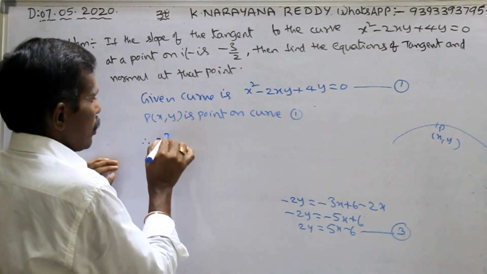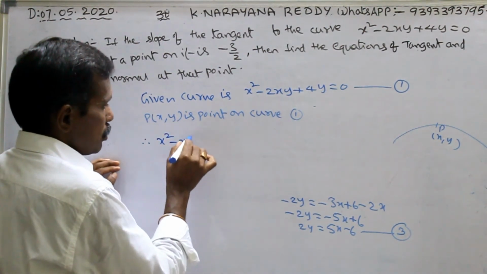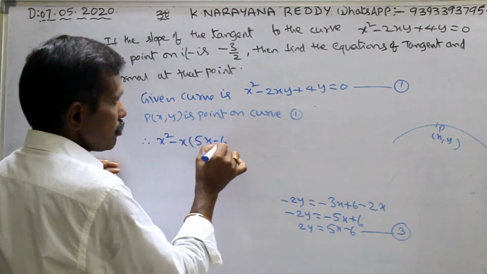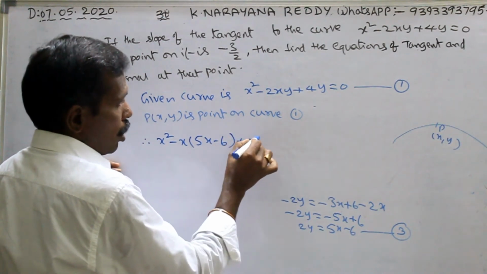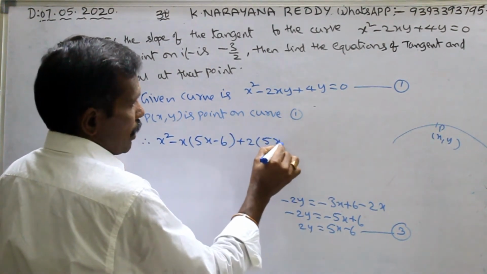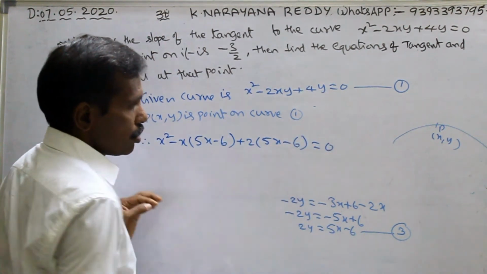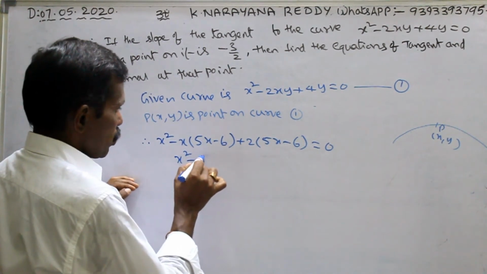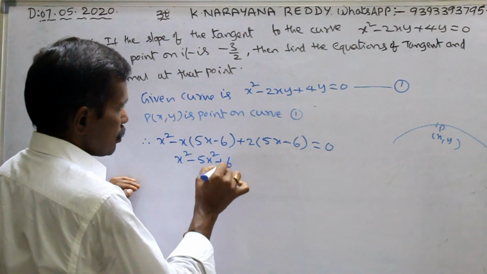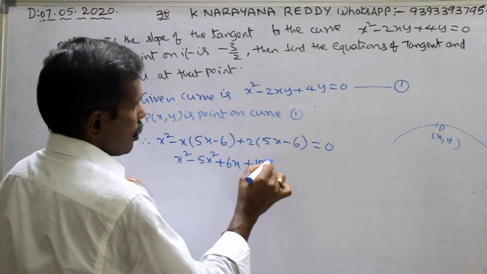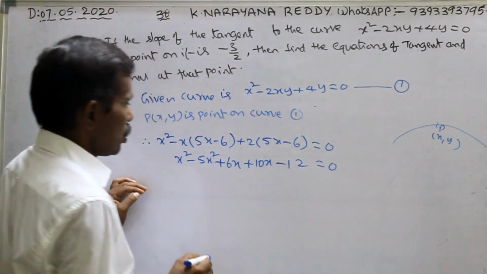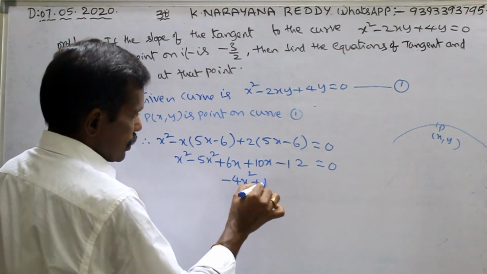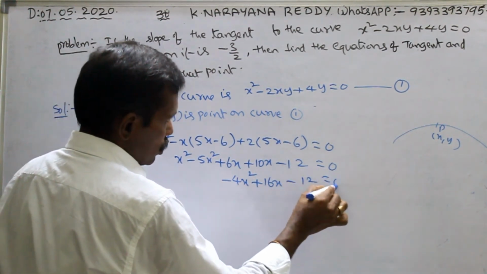Therefore, x squared minus x times 2y, in the place of 2y you can substitute 5x minus 6, plus 4y, 2 common, 2y means this one, 5x minus 6 equals 0. By this, x squared minus 5x squared plus 6x plus 10x minus 12 equals 0. Minus 4x squared plus 16x minus 12 equals 0.